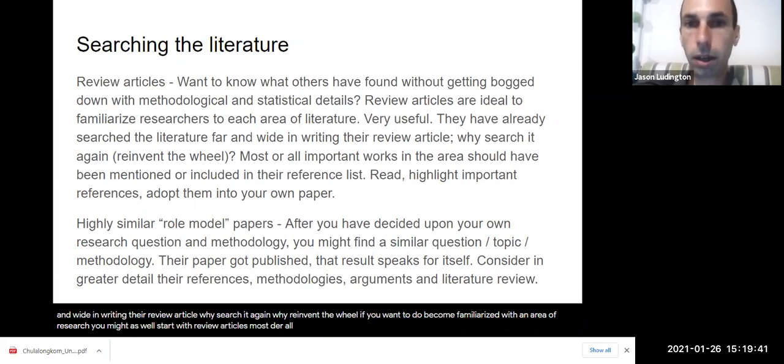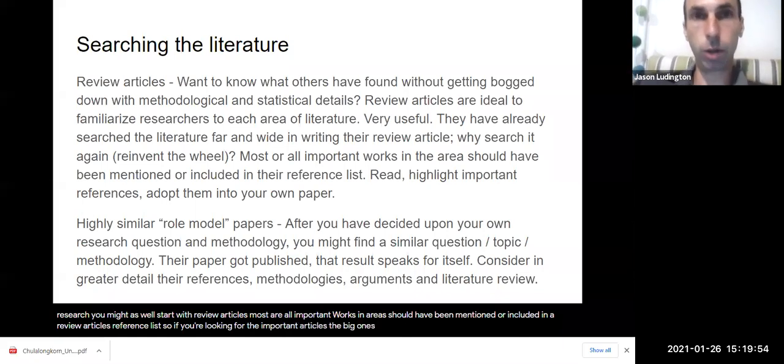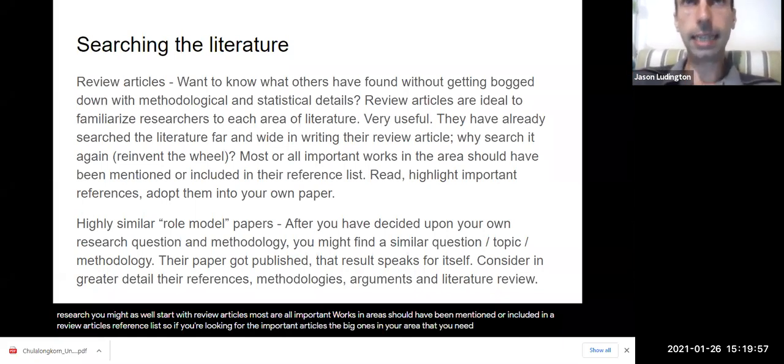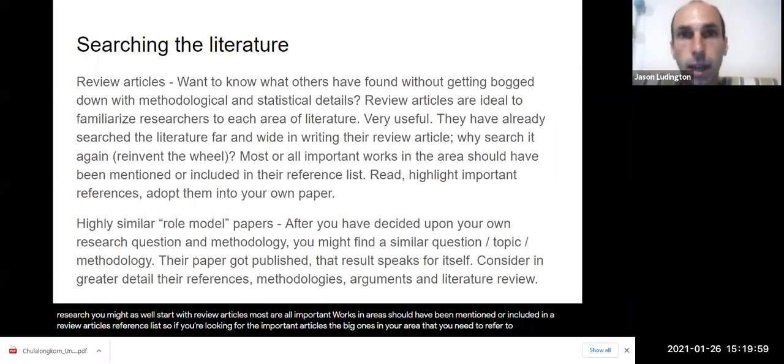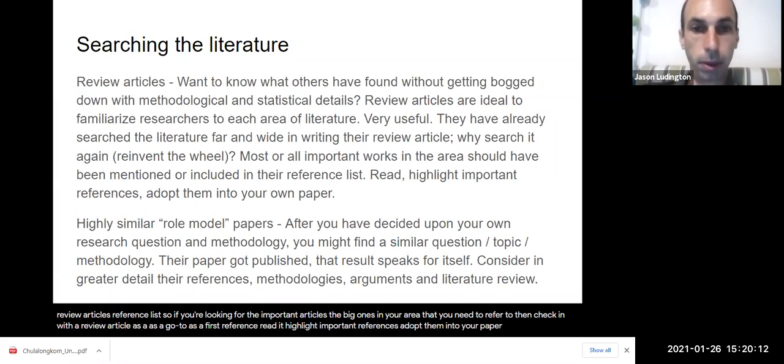Most or all important works in the area should have been mentioned or included in a review article's reference list. So if you're looking for the important articles, the big ones in your area that you need to refer to, then check in with a review article as a go-to, as a first reference. Read it, highlight important references, adopt them into your paper.